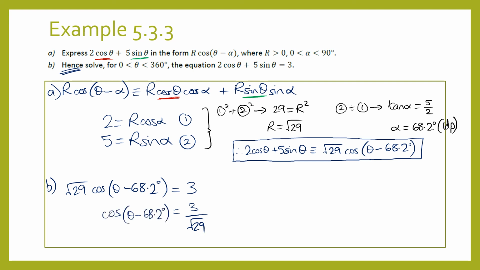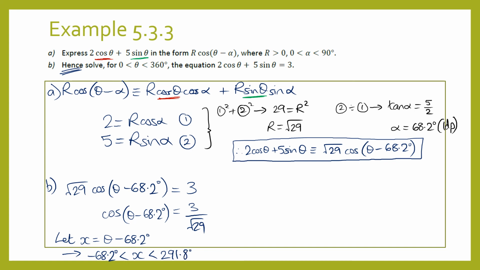Once we've done that, we need to do a little substitution. I'm going to let x, because we haven't used x in this question, equal the angle. So if the question says theta between 0 and 360, then x, which is theta take away 68.2, is going to be between minus 68.2 and 291.8.